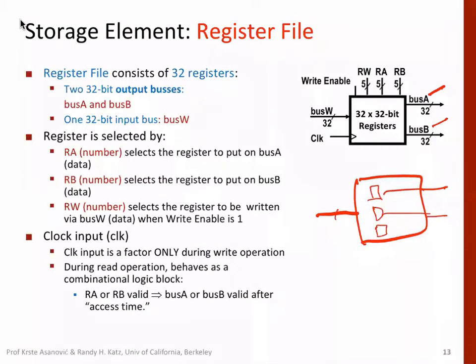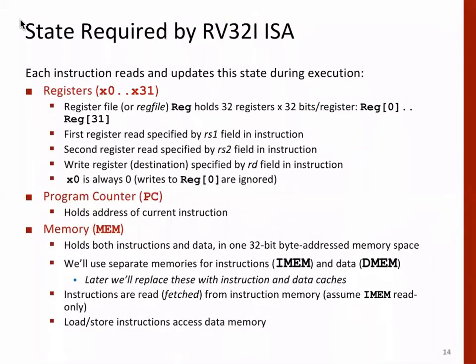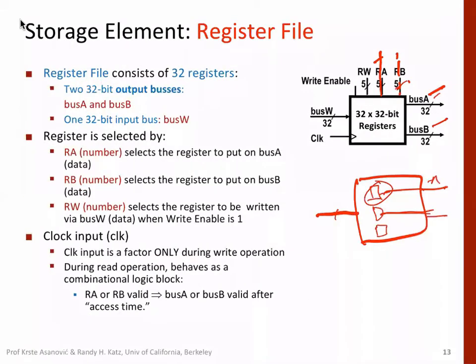The register to be read onto bus A is given by the RA control signals. Similarly for register B, those bits are available here. And we can write only into one register, whose address is given by RW.